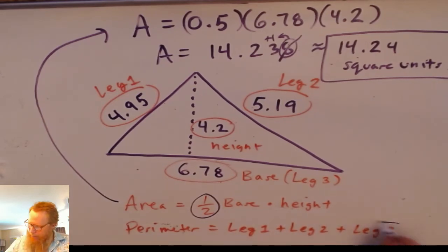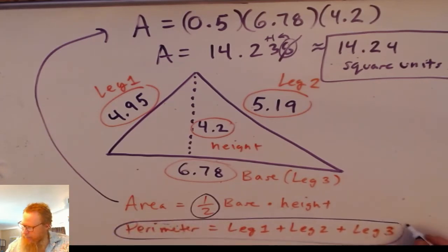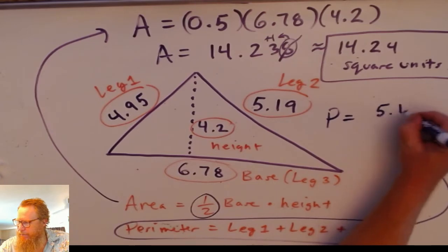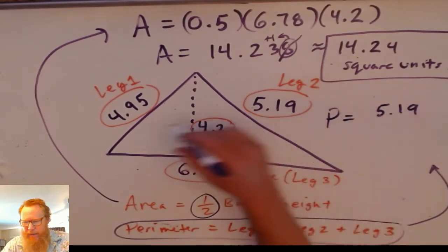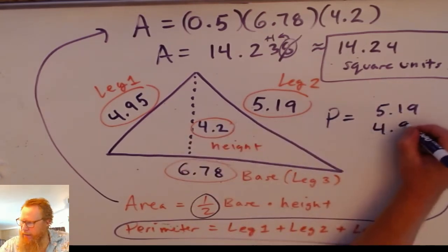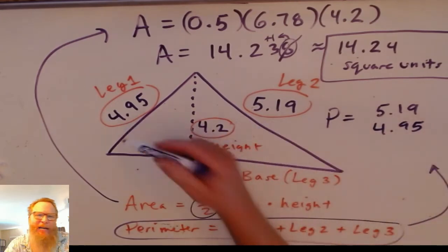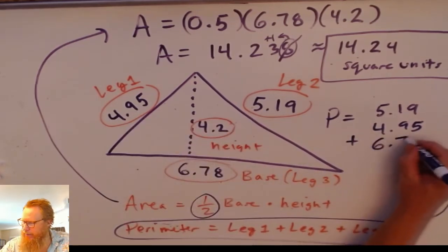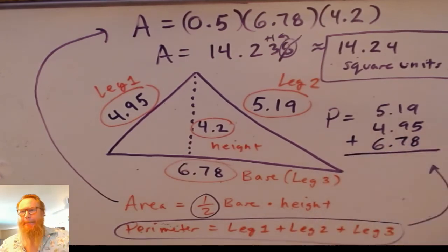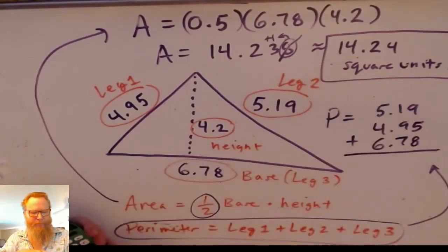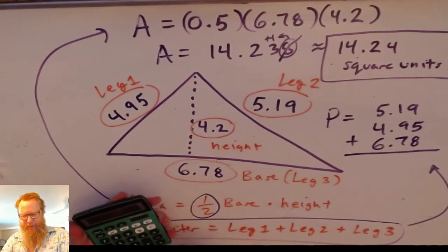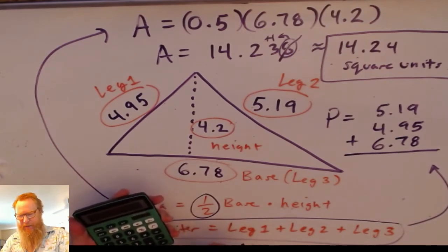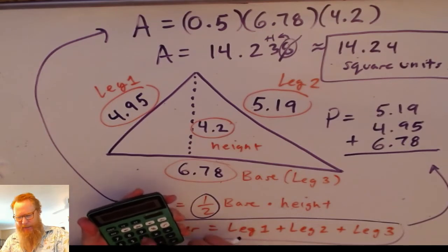Okay. Perimeter now. Just add up all the sides. 5.19 plus 4.95. Remember, adding, you can do it in any order you like. Plus 6.78. 5.19 plus 4.95 plus 6.78.